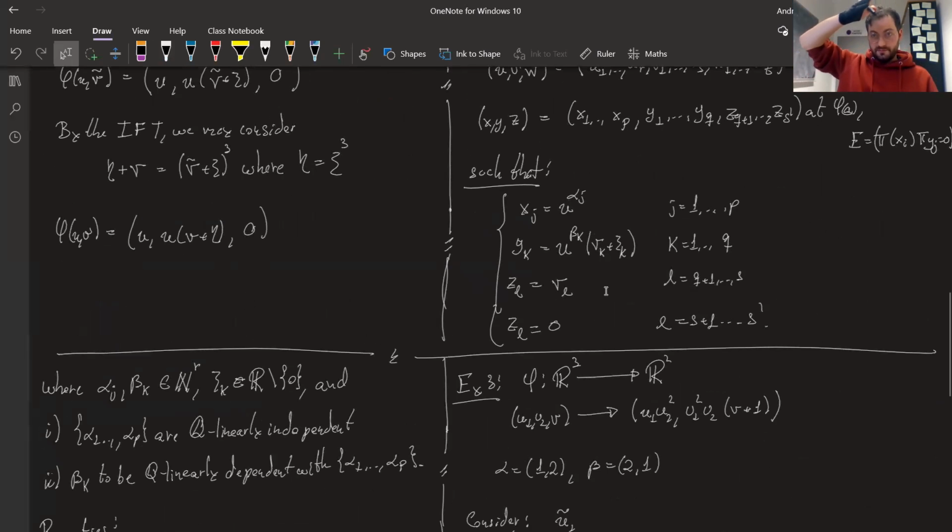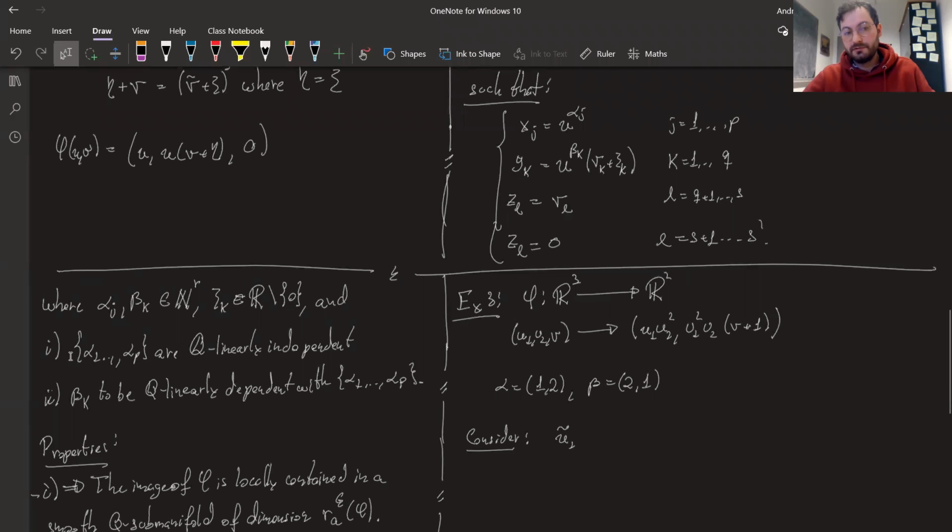If you think of the Jacobian matrix, you're going to have a different entry every time that you derive V, a unique entry which is non-zero. And for the U's, you can use the fact that they are Q-linearly independent. So you have P coming from this part and then S coming from each one of the V's. So it's P plus S. Okay, thanks.